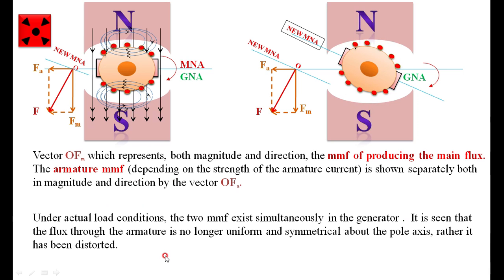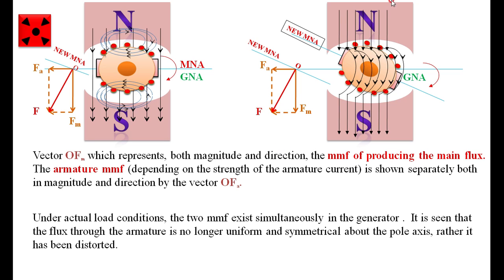The effect is that we can see here. Most of the flux is concentrating on this side, and there is a weakening of the flux at this particular pole tip. If the rotor is rotating in the clockwise direction, the pole tip that the rotor comes in contact with first is called the leading pole tip, and this is called the trailing pole tip.